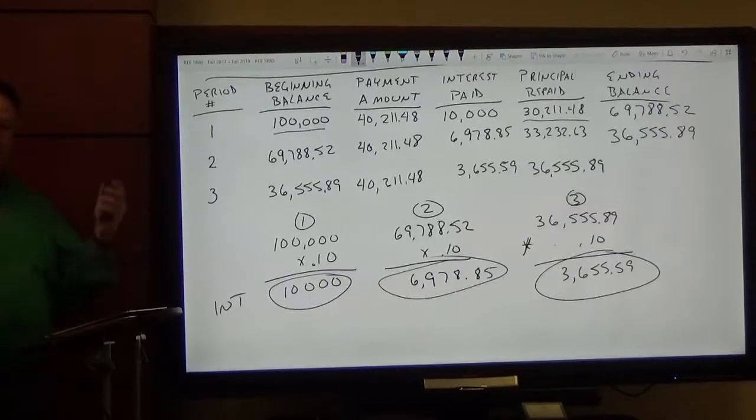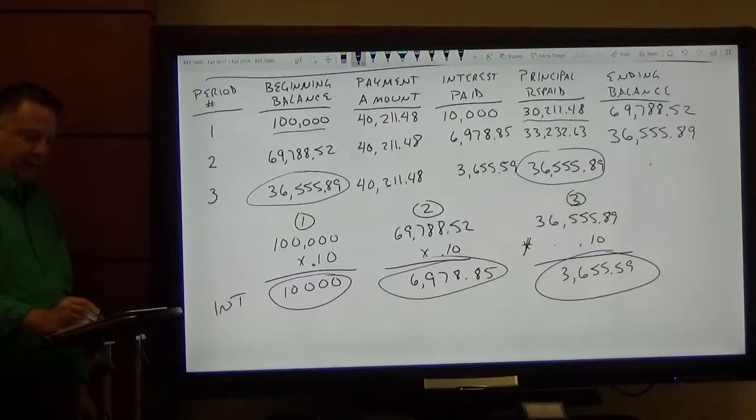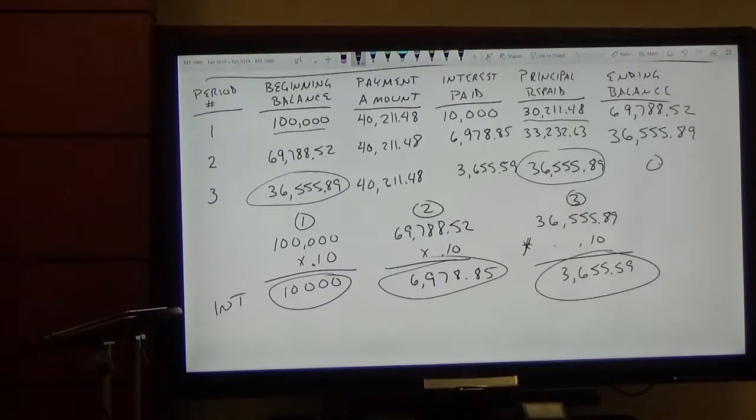Okay, now with the magic of all of this, you take the beginning balance, subtract out the principal repaid, and we are left with a $0 balance at the end of the 3 years. Okay? Is everybody comfy cozy with that? Okay? So now you have completed an entire amortization schedule from beginning to end.